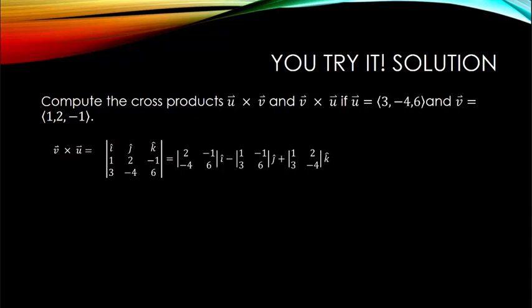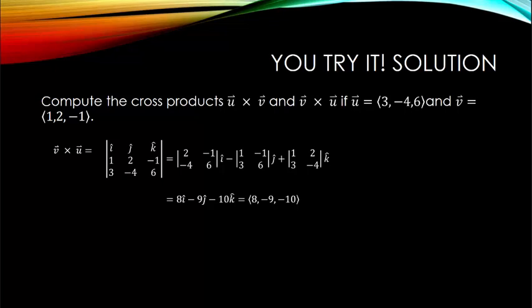Expanding about the first row, I get the determinant of a 2 by 2 matrix, 2, negative 1, negative 4, 6 times i hat, minus the determinant of a 2 by 2 matrix, 1, negative 1, 3, 6 times j hat, plus the determinant of a 2 by 2 matrix, 1, 2, 3, negative 4 times k hat. This gives me the vector 8 i hat minus 9 j hat minus 10 k hat, which is equal to the vector in component form 8, negative 9, negative 10.